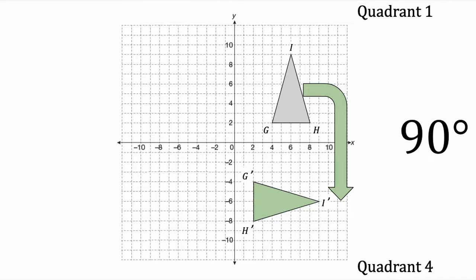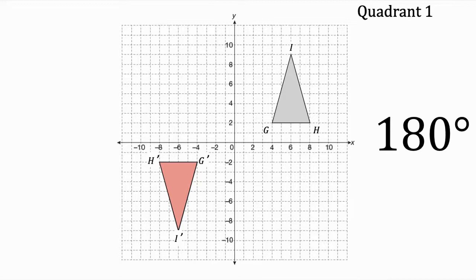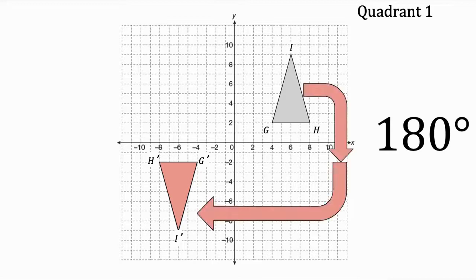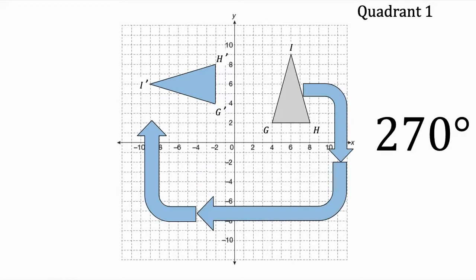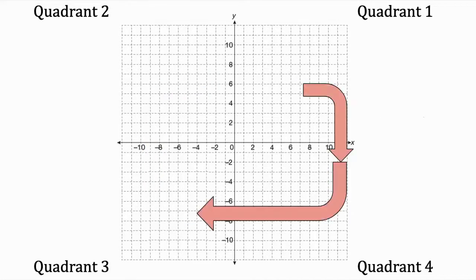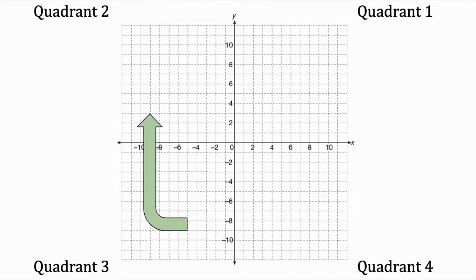Knowing which quadrant each point starts and ends in helps us predict what the rotation will look like. 180 degrees from quadrant 1, a half turn, would be quadrant 3. And 270 degrees, a 3/4 turn from quadrant 1, would end up in quadrant 2. This can be applied for any of the quadrants you start in.